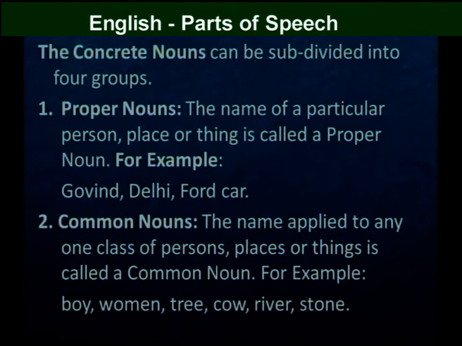Then the second variety is common nouns. The name applied to any one class of persons, places or things is called a common noun. That is, it is the name of a class of persons, places or things. For instance, boy, meaning a male child up to 12 years.